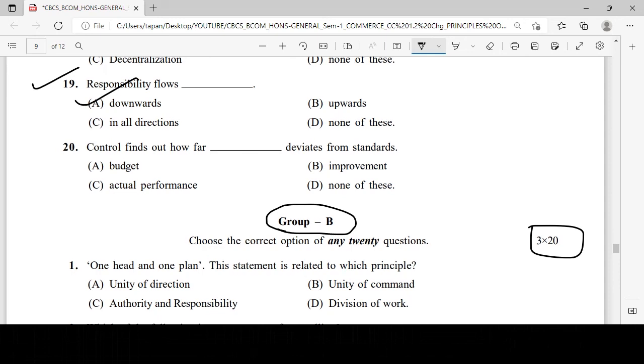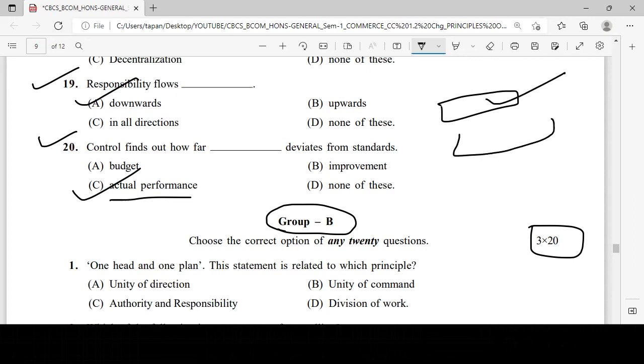Number 20, control finds out how far actual performance deviates from the standard. It is also important. Control means at first what to do, and next what you have done.